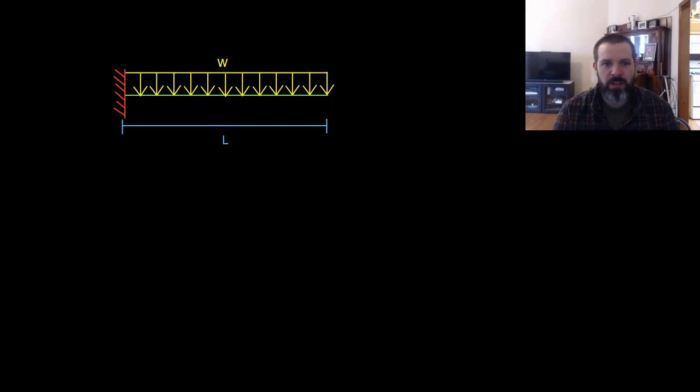Now, here is one final problem where now we have a uniform load of 100 pounds per inch and a point load of 1,000. Now, this may look familiar because all it is is a combination of our last two problems.